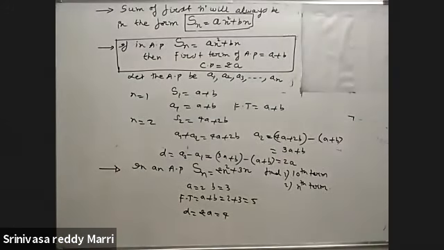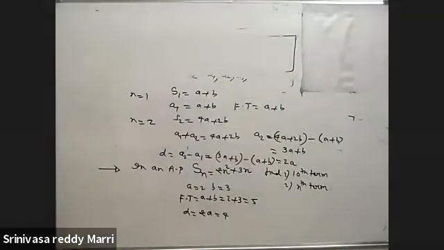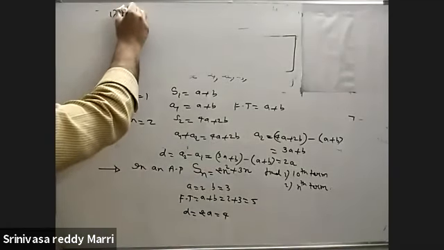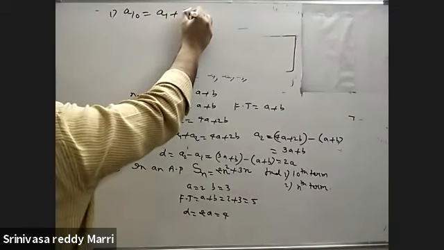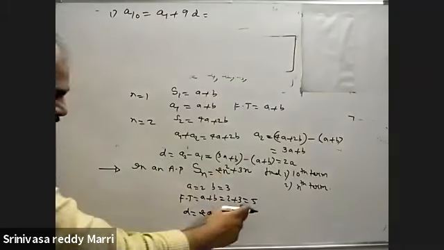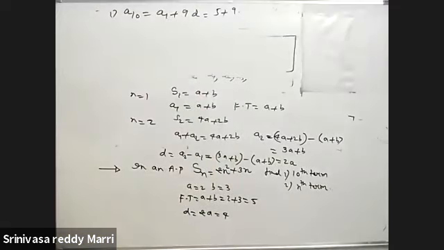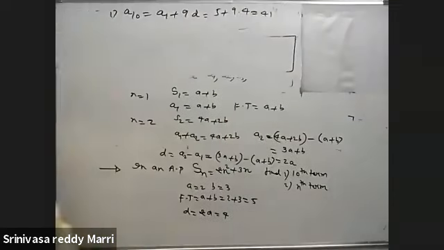You know the first term and common difference, so you can easily calculate the terms. Therefore, number 1, the 10th term, A10 equal to A1 plus 9D. A1 means the first term, 5, plus 9 into 4. So 36 plus 5 is 41, the 10th term of the AP.